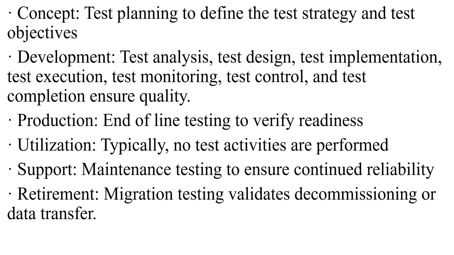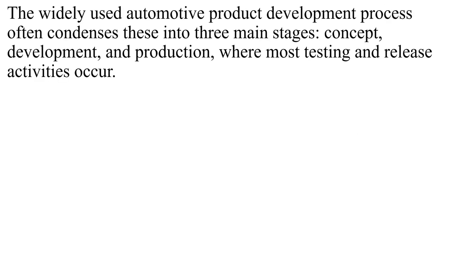Retirement: migration testing validates decommissioning or data transfers. The widely used automotive product development process often condenses these into 3 main stages: concept, development, and production, where most testing and release activities occur.